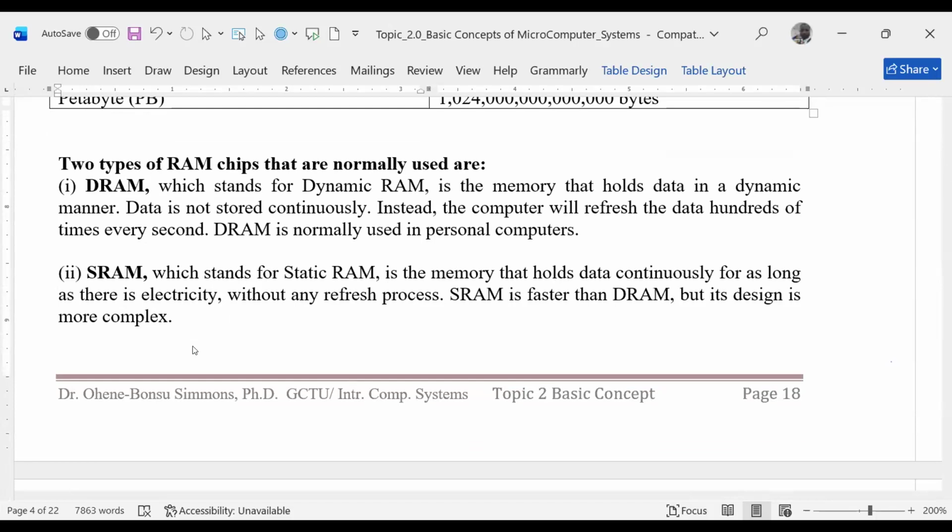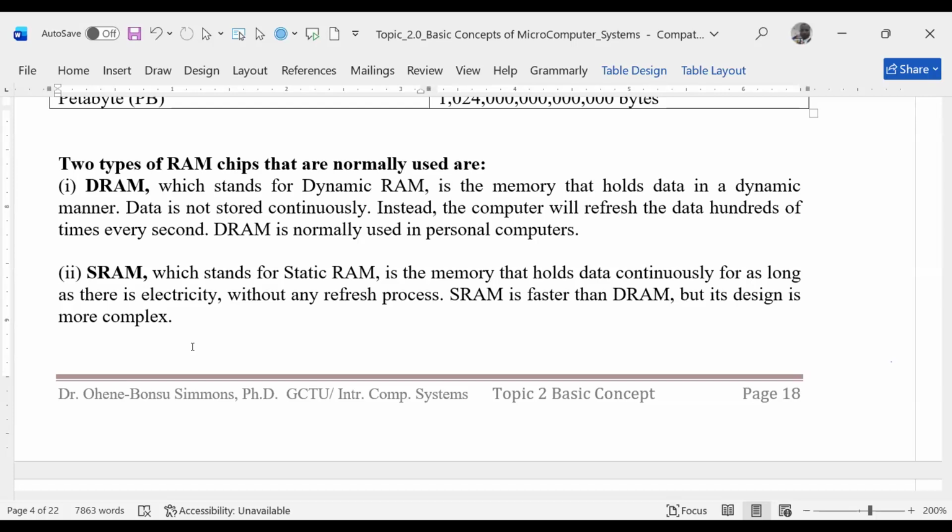The dynamic, DRAM, which stands for dynamic random access memory, holds your work in a dynamic way. Everything you put in the system does not store permanently. Instead, the computer refreshes itself 100 times every second. So the dynamic is the part of memory that refreshes the system for new input.